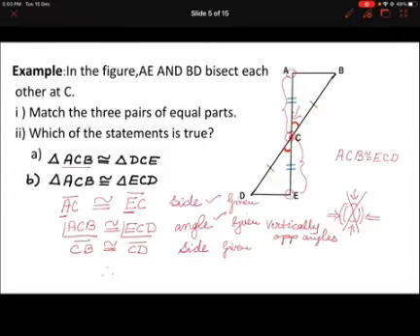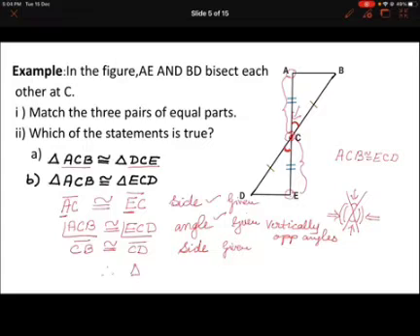Okay, now, therefore, tell me the order of the triangles. Can we write ACB is congruent to DCE, children? Can we write ACB congruent to DCE? No, is it not? It's a wrong statement because corresponding parts do not match. But we can write triangle ACB is congruent to triangle ECD.